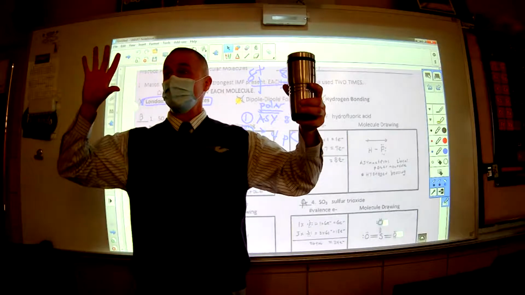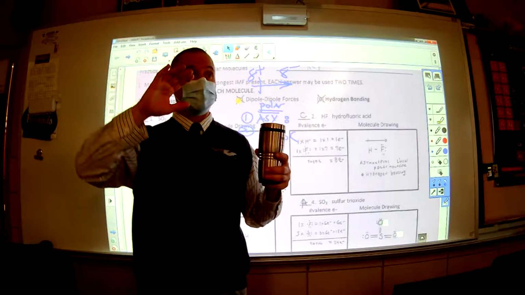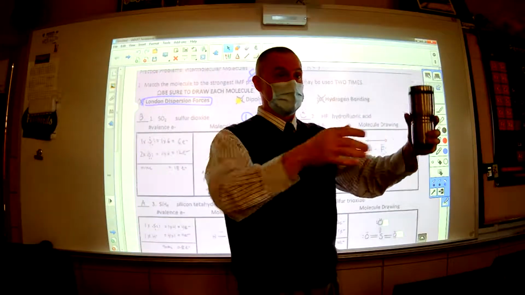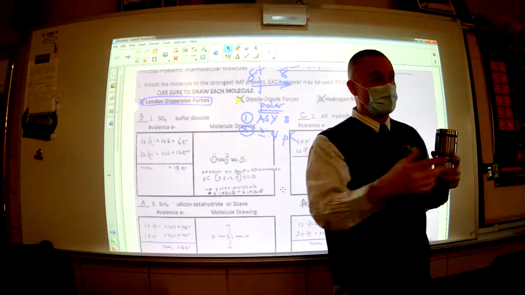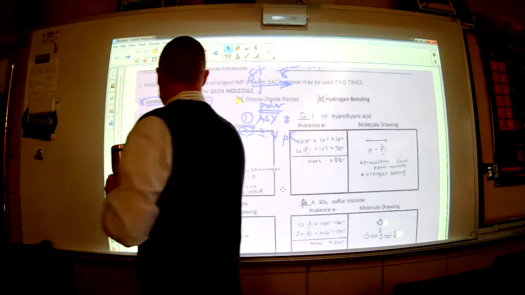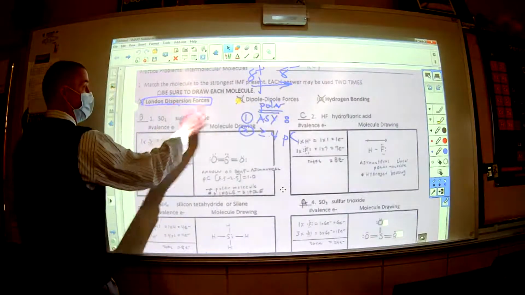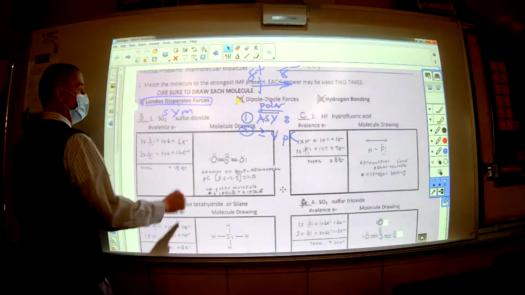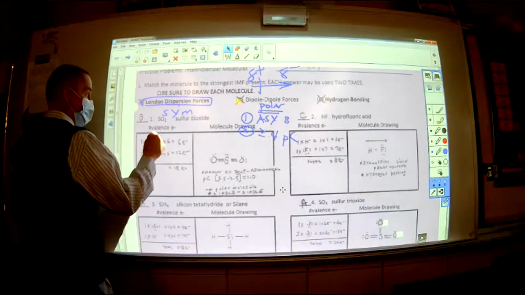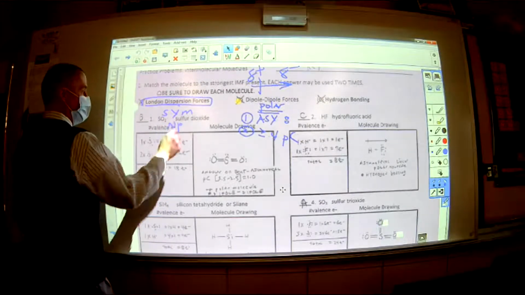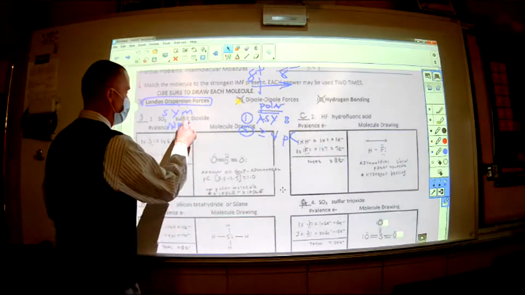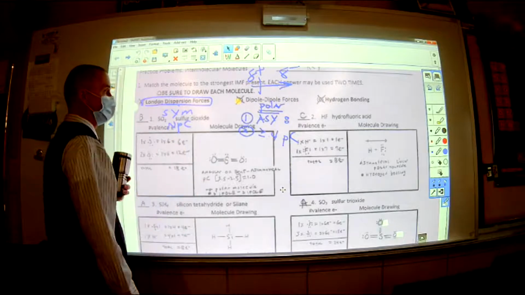Remember the shape sheet. Do you remember the 6C10 where you went through and if it was asymmetrical and had polar bonds, it took you straight over to polar molecule. London dispersion forces then are opposite this kind of thing. They are going to be symmetrical and or have nonpolar covalent bonds. What are London dispersion forces?